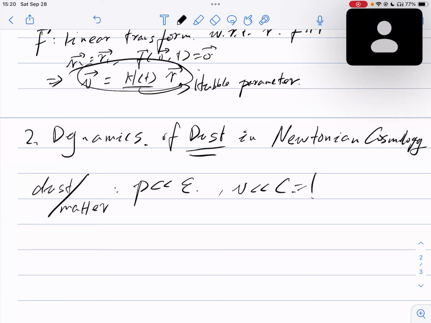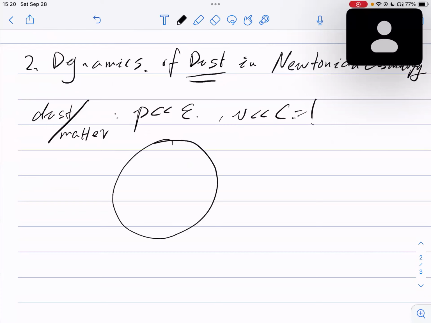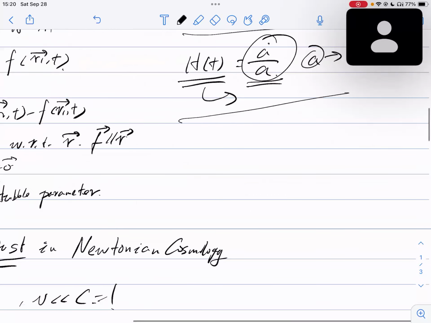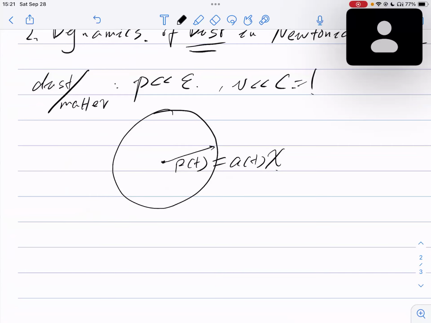Okay. So let's consider a sphere whose radius is R, and we can use the above formula to rewrite it as R(t) equals a(t) chi. This chi just represents at some time t0 the magnitude of this R(t) over a(t). Okay.